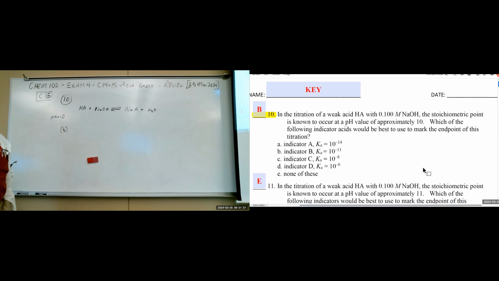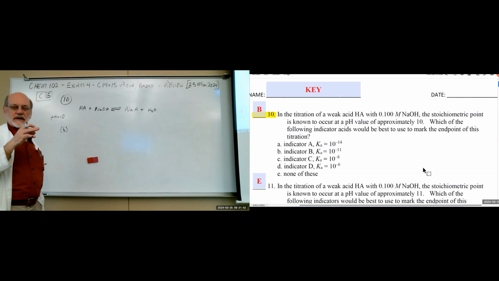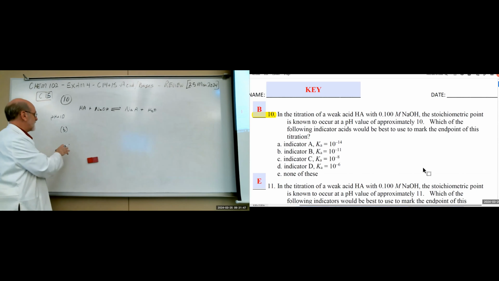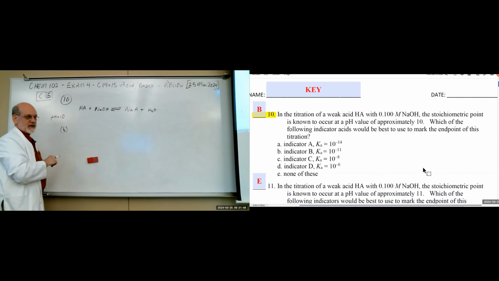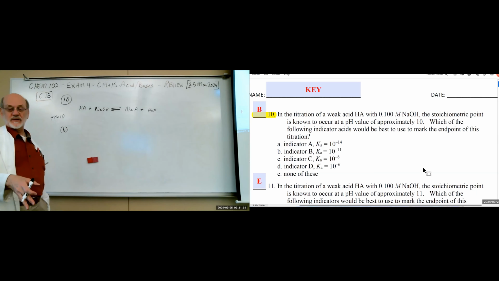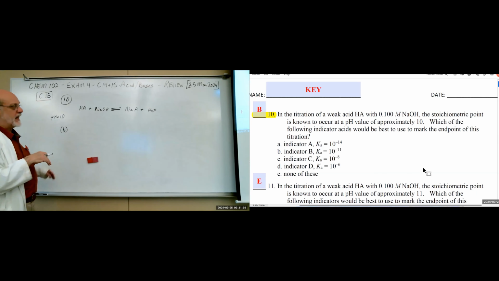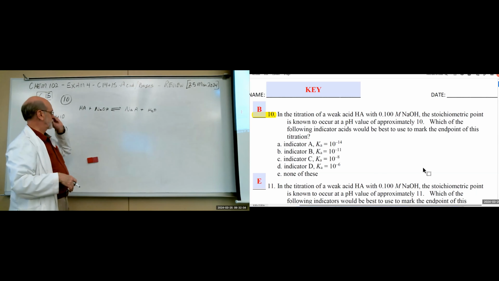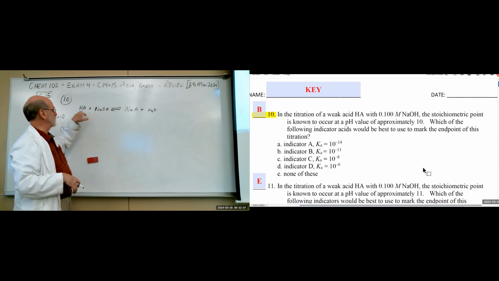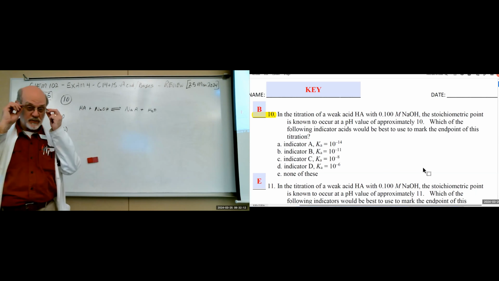It's a little bit high, but when you're titrating an unknown acid amount with a known base, it's best to have the indicator change colors above the pH. If you go the other way, if you titrate a base against an acid, then you want to go the other way and have the indicator below. So 9 would be better, but 9's not there. If we were doing it the other way, titrating a strong acid with a weak base, then we would want the indicator to change at pH 9.